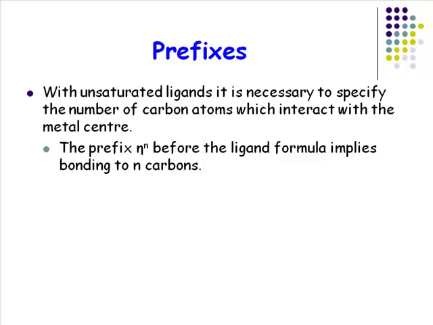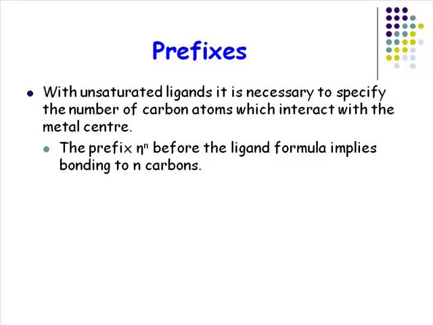Now, if you have a ligand like a cyclopentadienyl ligand, and we will come back to this, that is normally bonded face on in an eta 5 fashion. Strictly speaking, the value of eta should always be stated. Whenever you do not see the value of eta stated, then you assume the highest possible value.